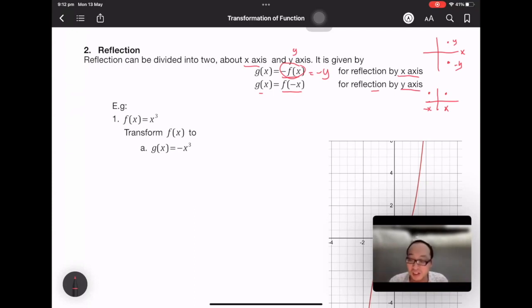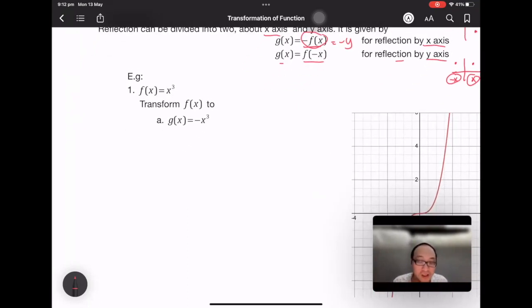So that's why negative x and x are reflections by the y-axis. So let's see the example. If I have now f(x) = x cubed, then g(x) = -x cubed. So this is equal to -f(x).